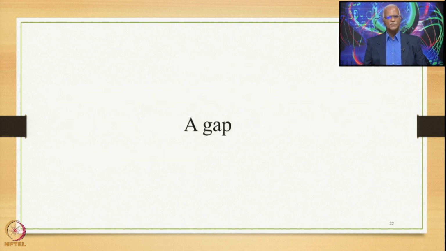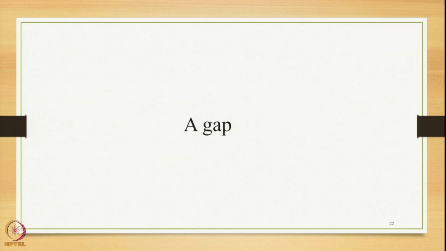Now, closing this discussion, we would like to point out a gap in the discussion of the yan sandhi as found in the core text of Paninian grammar, namely the Ashtadhyayi.